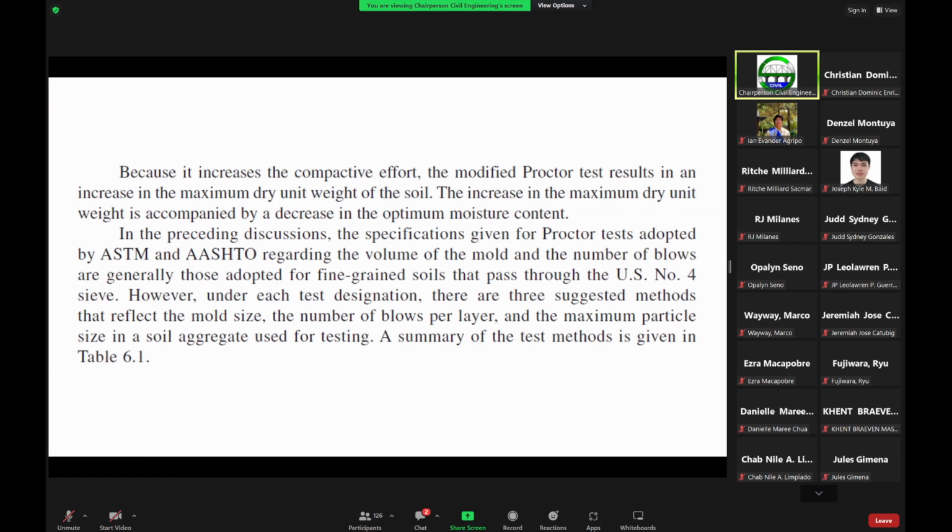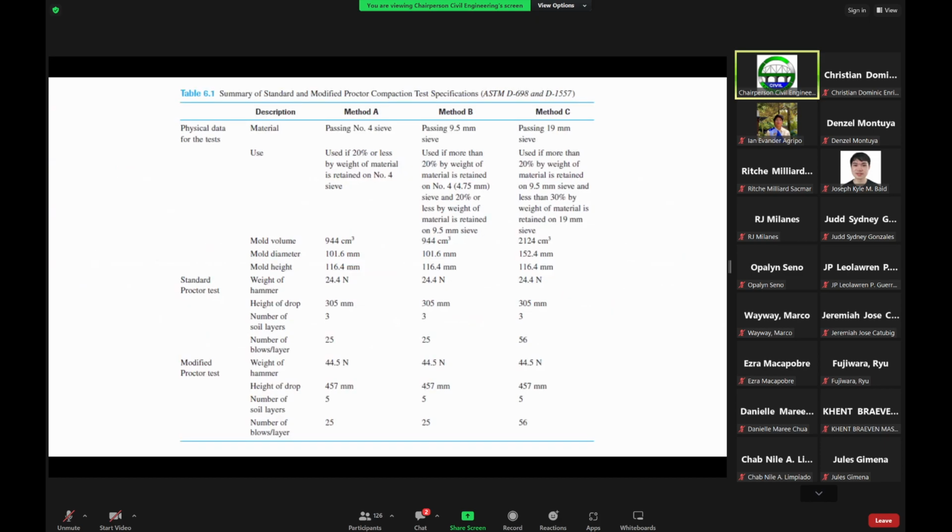Now, under each test designation, between the standard Proctor test and the modified Proctor test, there are three suggested methods that reflect the mold size, the number of blows per layer, and the maximum particle size in a soil aggregate used for testing, such as what we see here.